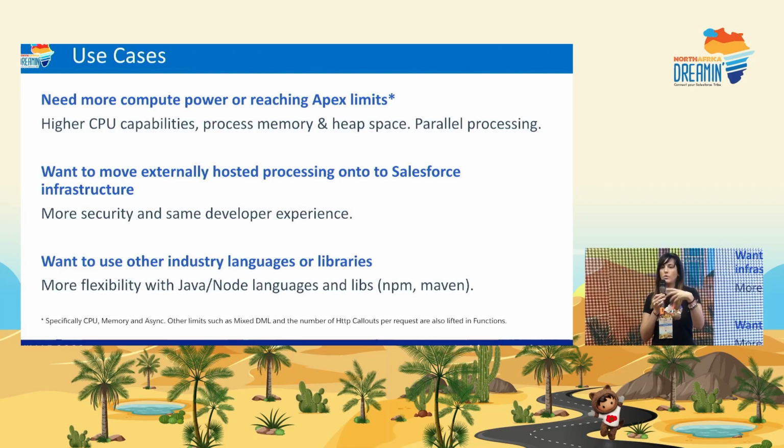So that's a good option to move to Salesforce Functions, because you can move that code, that business logic, into the platform, not let your data go out from the Salesforce trust boundaries, and also take advantage of the same improved developer experience.